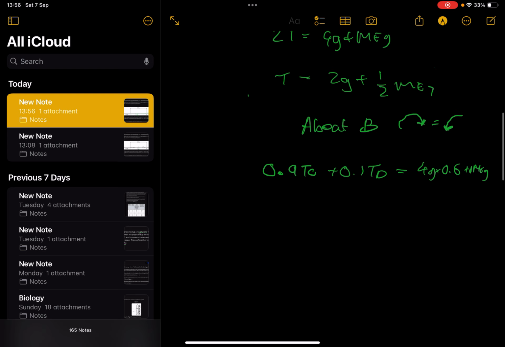So that equals 0.9 Tc plus 0.1 Td, which equals 2.4g plus dmg, since we simplified it and multiplied.